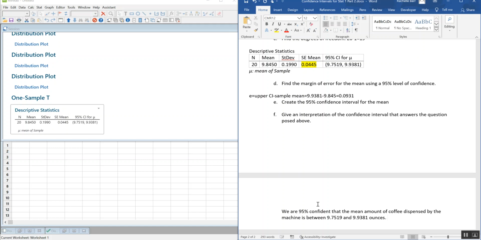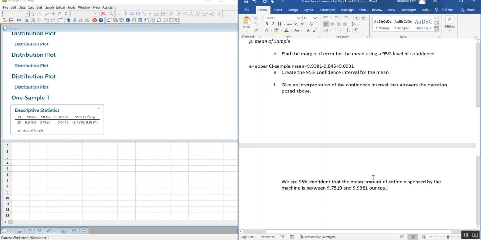So it's less than 10. And that's a problem because the machine is supposed to make 10 ounces of coffee and it doesn't. So if you were the person in charge of this machine, you should clean it and get it recalibrated.